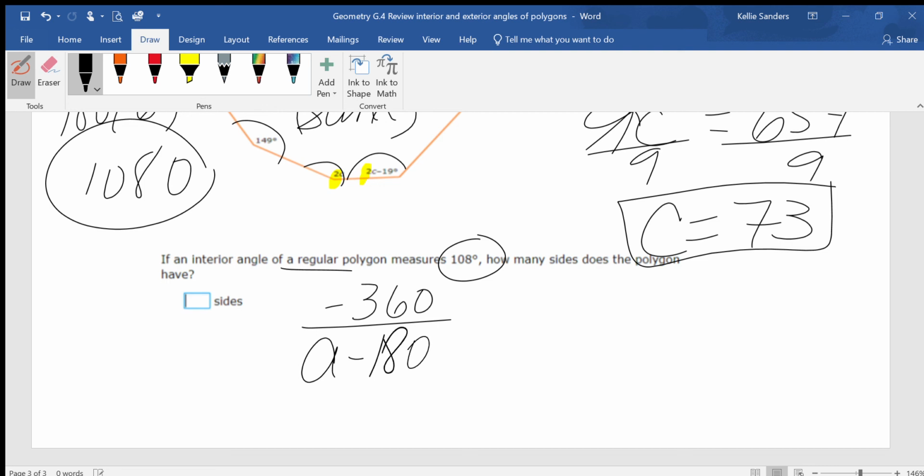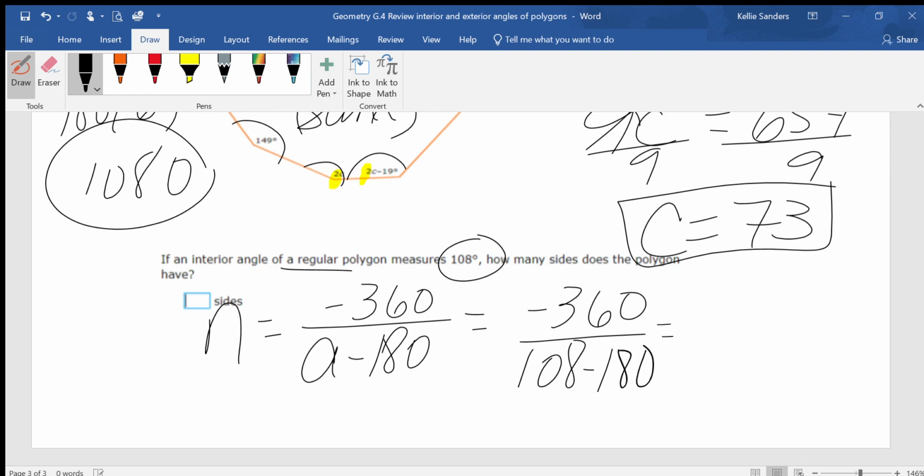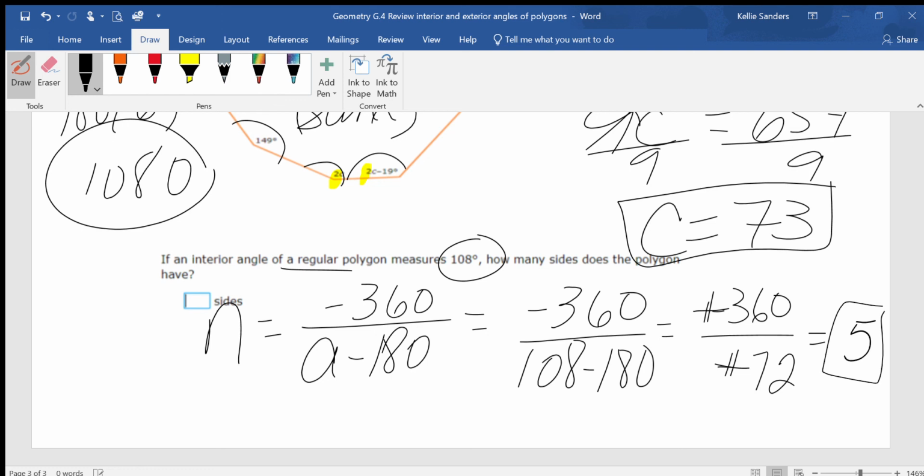I could set it up again to figure it out, but the number of sides would be that. So if I did negative 360 divided by 108 minus 180, let's see, negative 72, negative over negative is a positive, 360 divided by 72 is 5.